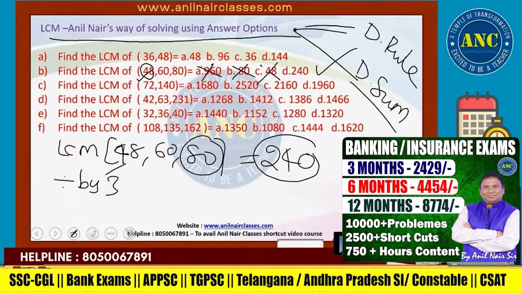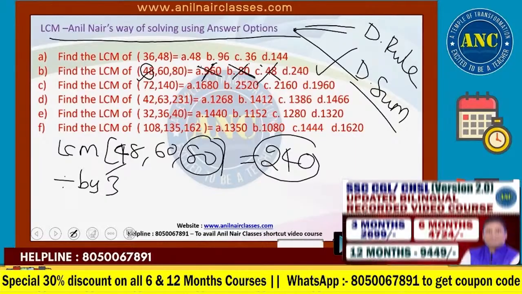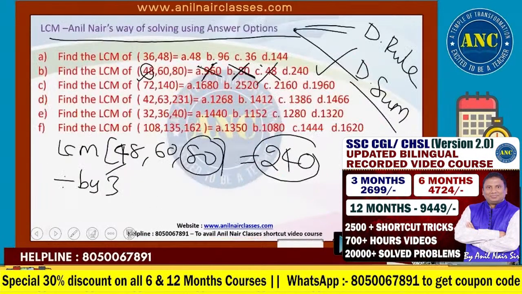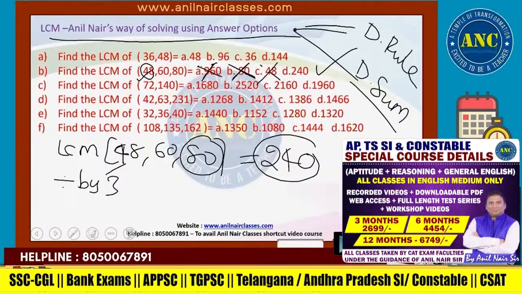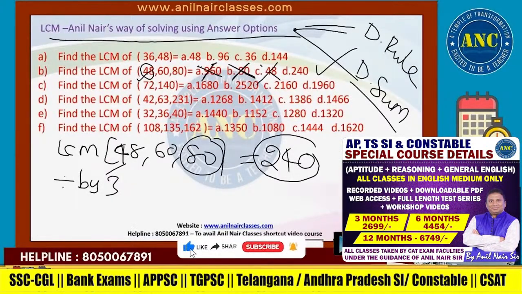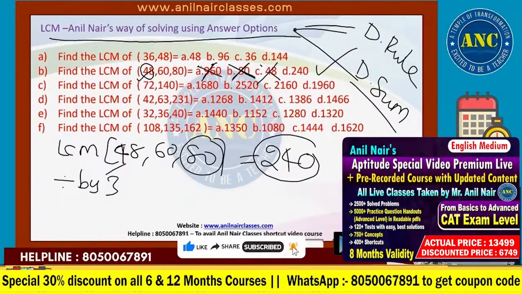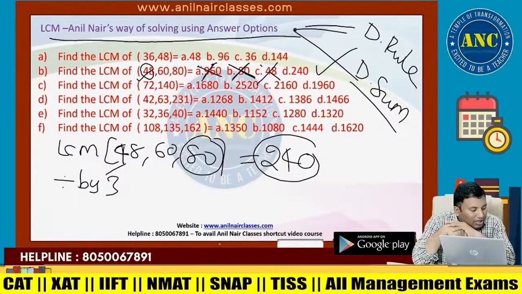Answer should also be divisible by 3. 960 is out. 80 is out. 48 is also out. Why is 48 out? LCM is derived from the largest number.